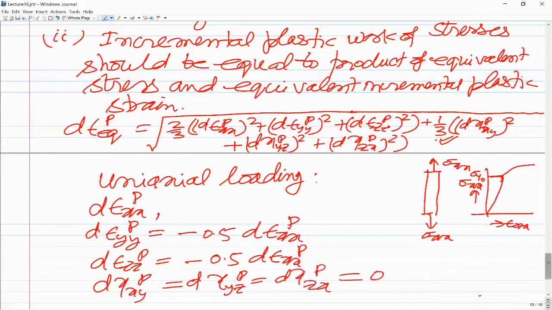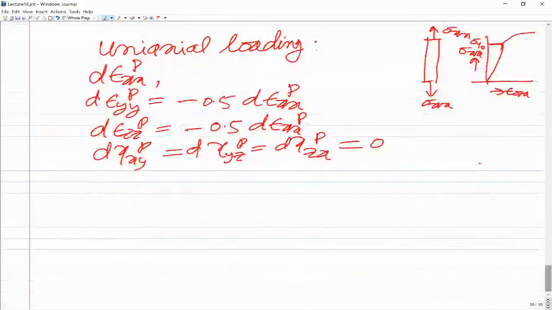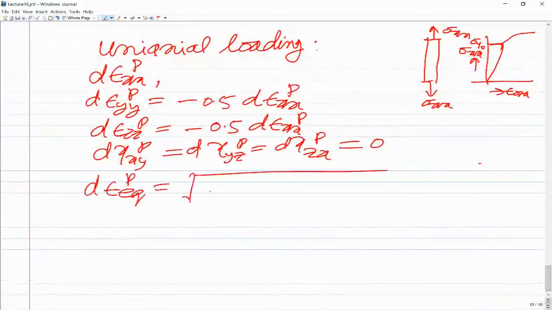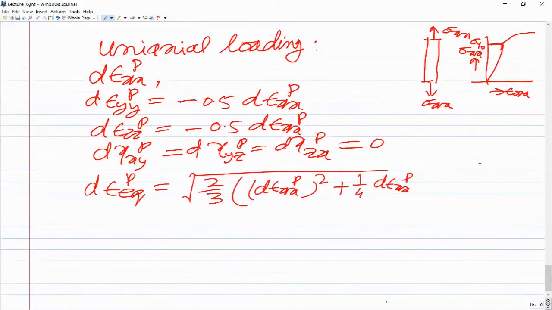Now for this case, if you calculate this d of epsilon equivalent p, it is going to be the square root of 2/3 of d of epsilon xx p whole square plus d of epsilon yy p whole square, that will give you 1 by 4 d of epsilon xx p whole square, plus 1 by 4 d of epsilon xx p whole square.